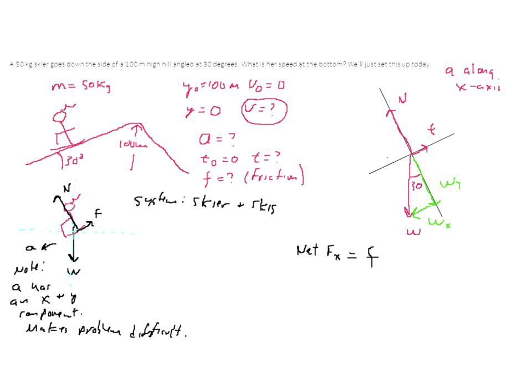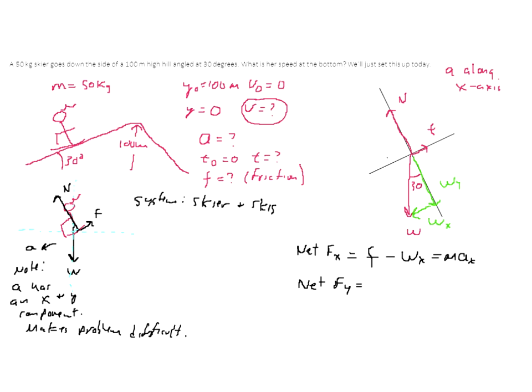So we're going to have F in the positive x direction minus W sub x in the negative x direction, and that equals m times a in the x direction.